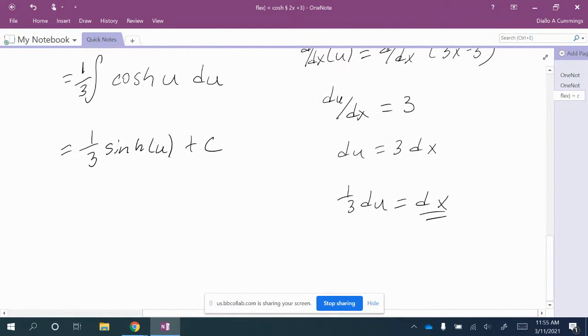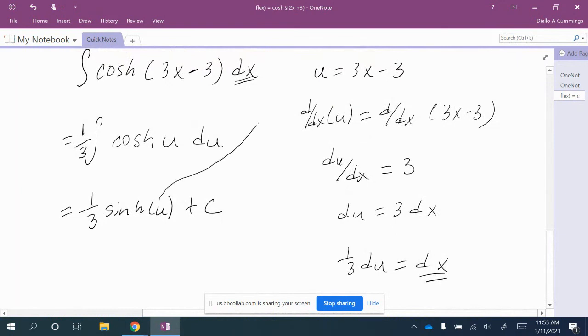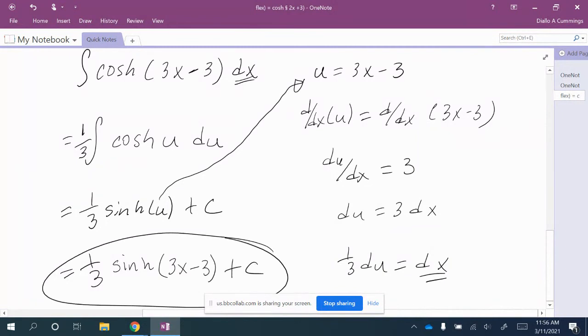And now I'm going to back substitute u for 3x minus 3. So I have 1/3 the hyperbolic sine of 3x minus 3 plus the arbitrary constant.